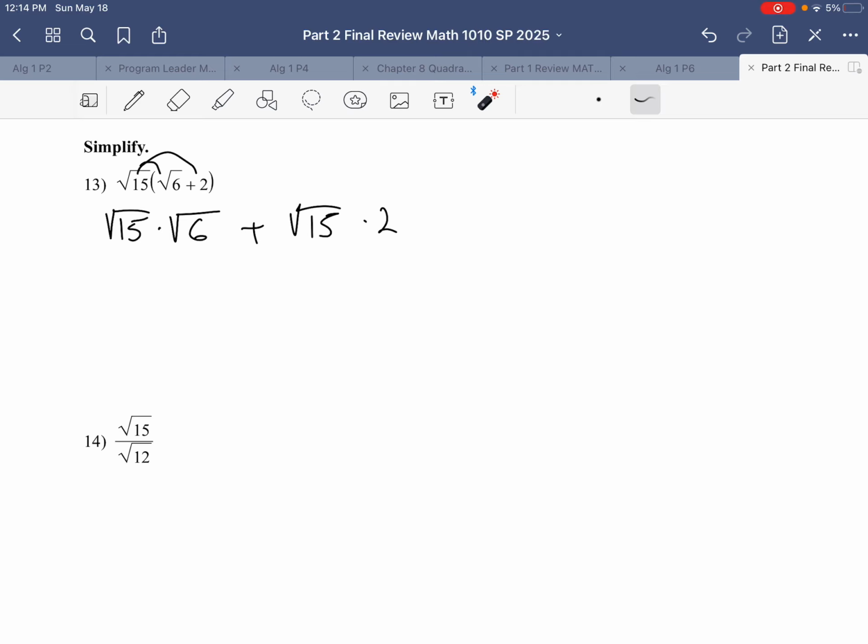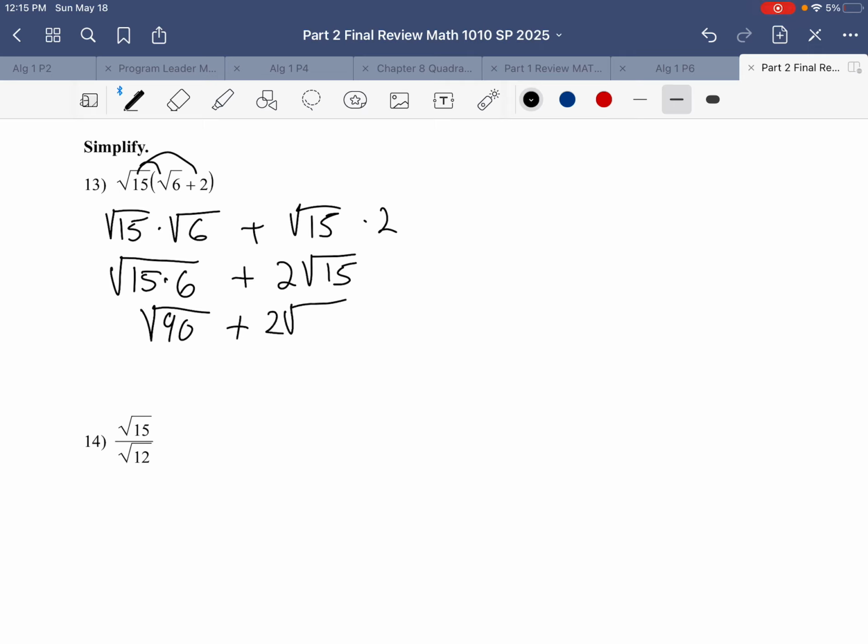We're looking at the square root. If I have the same index, then I can multiply and rewrite this like 15 times 6. But when it's the square root of 15 times 2, I'm going to rewrite this like 2 square root 15. The square root of 15 times 6 is going to be the square root of 90 plus 2 square root 15.